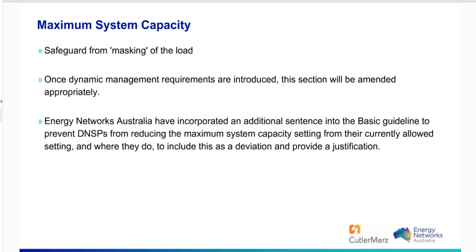maximum system capacity. Also came up from the perspective of why and what is the requirement for maximum system capacity of what's installed behind the point of connection when there is a sense of export limitation.